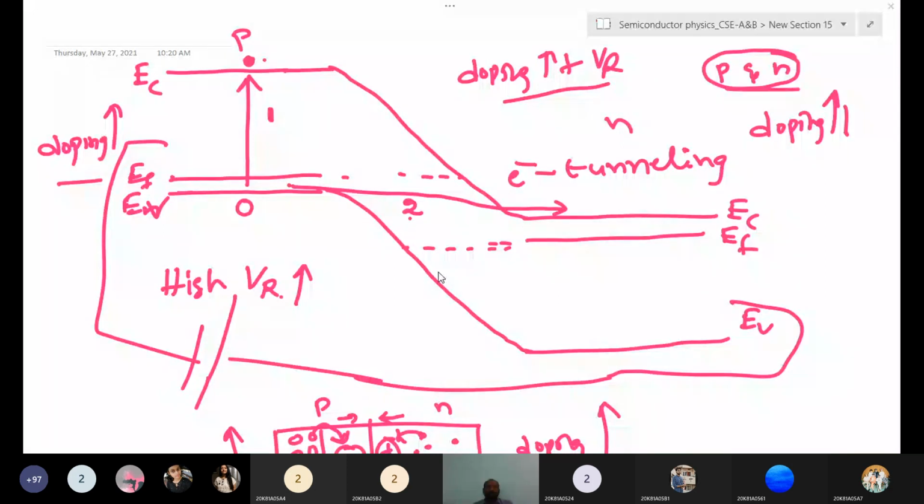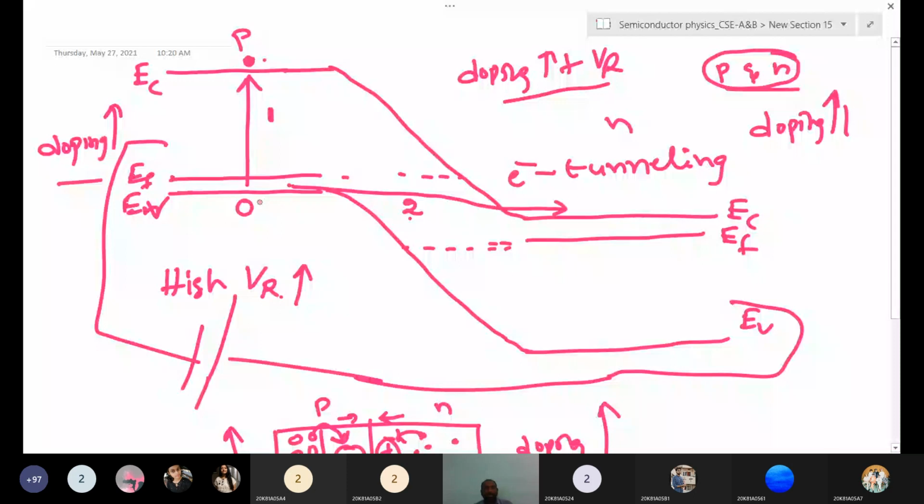Please respond. Okay. See, the electron sees that path 1 has a higher width, higher height. To jump from the valence band to the conduction band along path 1, they see a higher height compared to path 2.